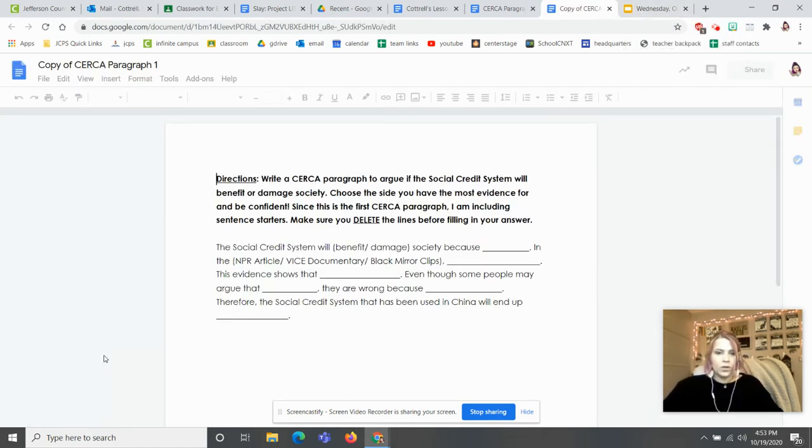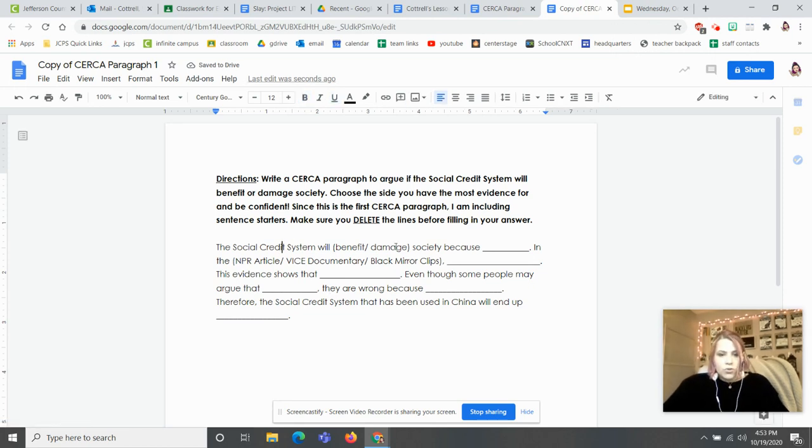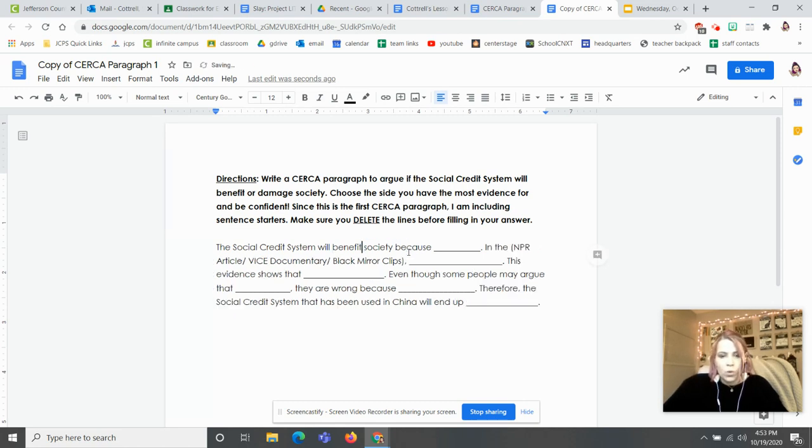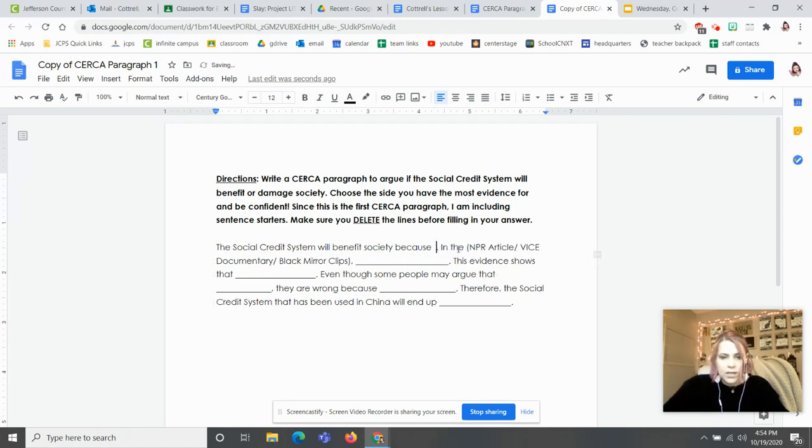Okay. The social credit system will benefit or damage. So what I said is benefit. So I'm going to delete the rest of this and just have the word benefit here. Will benefit society because, and then you can type in your reason.